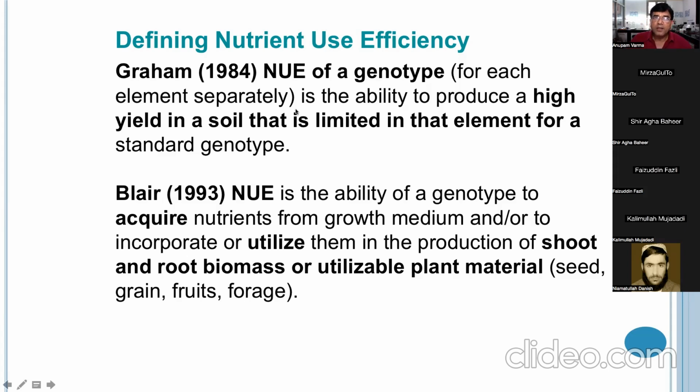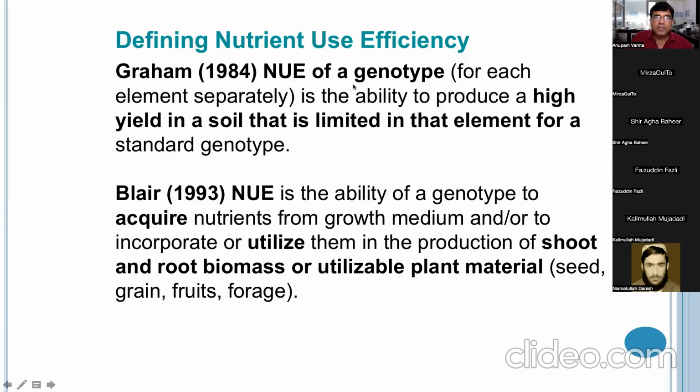For example, for nitrogen, nutrient use efficiency is low. For phosphorus, it is further low. For potassium, it may be more than nitrogen. For micronutrients, it is the lowest. So nutrient use efficiency will vary with the kind of nutrient. All the 14 nutrients may not have similar nutrient use efficiency. This will vary with the kind of nutrient and also with the genotype, the kind of plant you have.